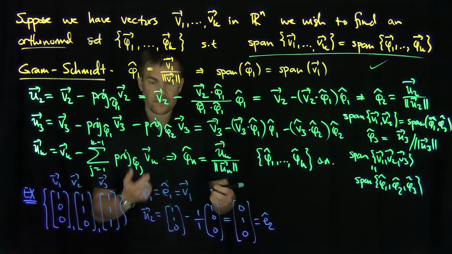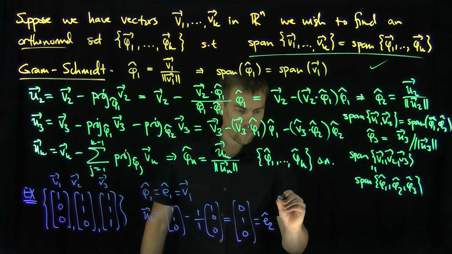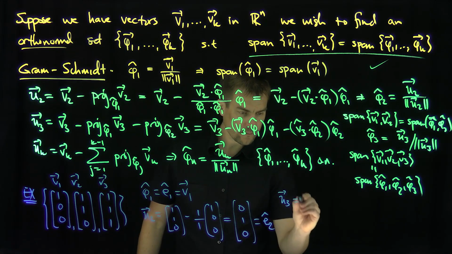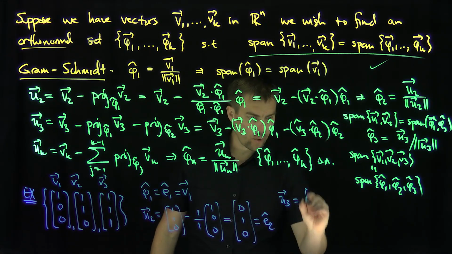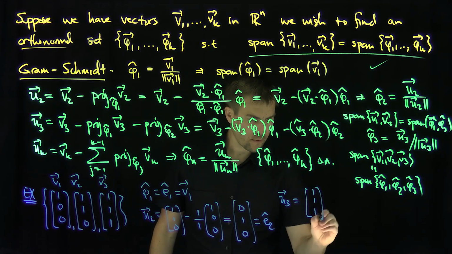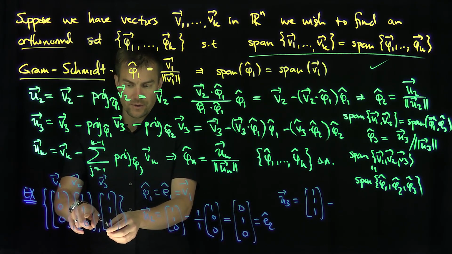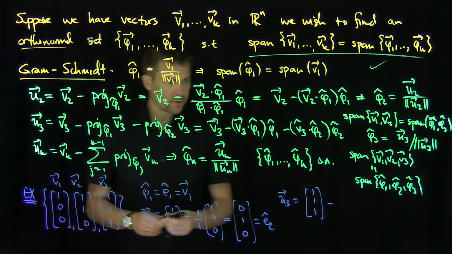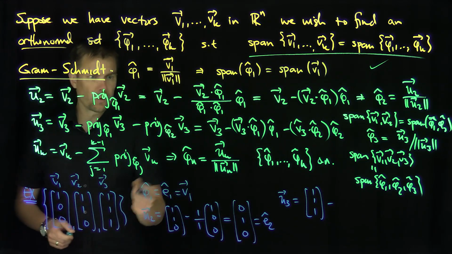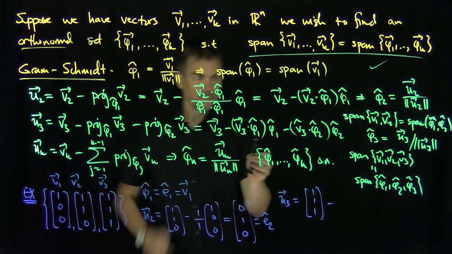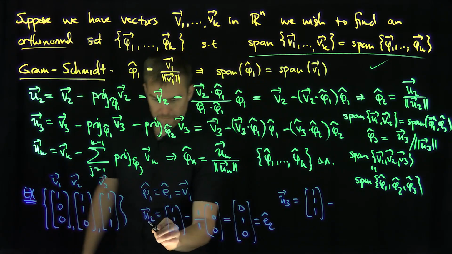Now what is the final vector going to be? What's my u3 going to be? My u3 is going to be v3, which is 1, 1, 1, minus the projection of v3 onto the phi 2, right? So it's going to be the dot product of those things, right? So let's do it carefully. That's also my phi 2, right?